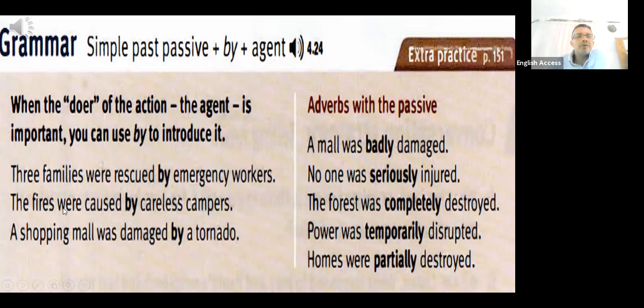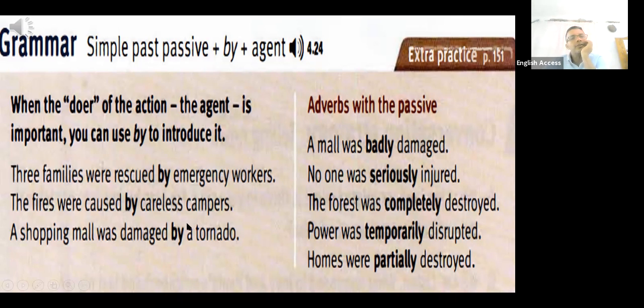The fires were caused by careless campers. Yes, the doer, in this case, careless campers, is very important to mention, right? That's why. A shopping mall was damaged by a tornado.